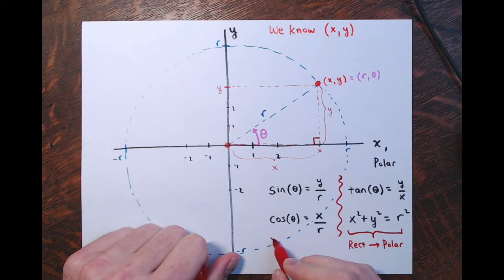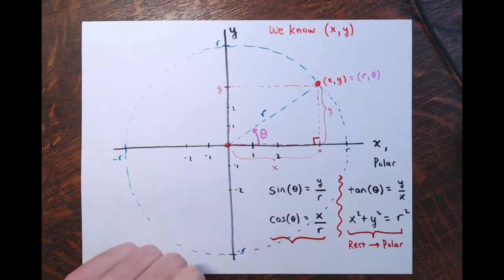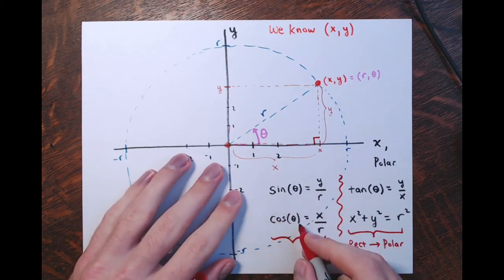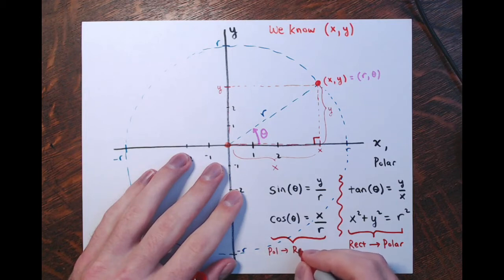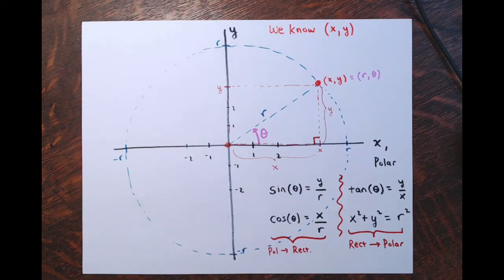And these equations would be used when you know r and theta, but you want to find x and y. So these two equations will be used when you're going from polar to rectangular. Right, polar to rect. But for right now we're focusing on going from rectangular to polar.